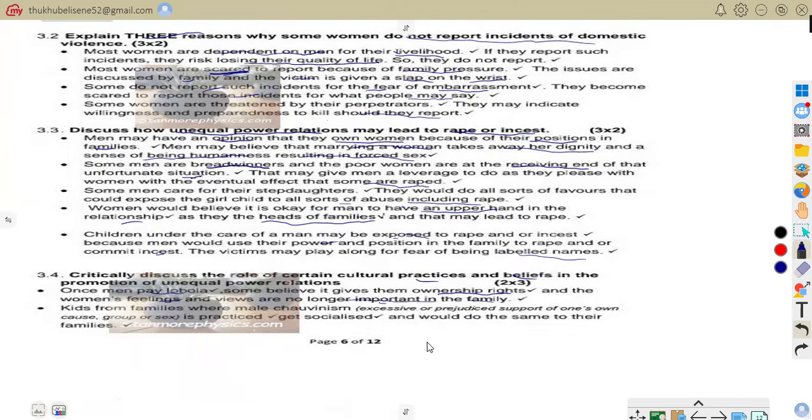So that is where we are talking about male superiority beliefs. Men are seen as more important. Men want to make all decisions, and women are expected to obey because men paid lobola. They believe that this gives them ownership rights.